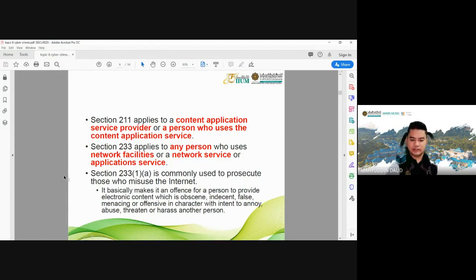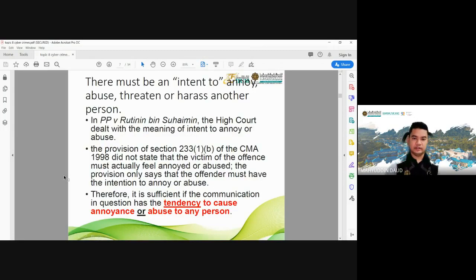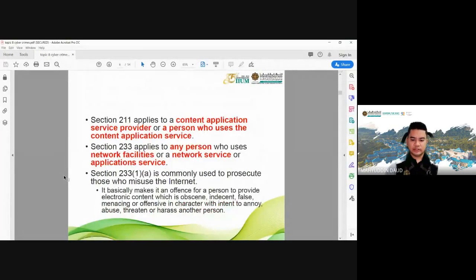So I think that's not much a problem as far as interpretation is concerned. The provision is quite clear lah, the language, but we will look further into the mens rea of intent to annoy, abuse.